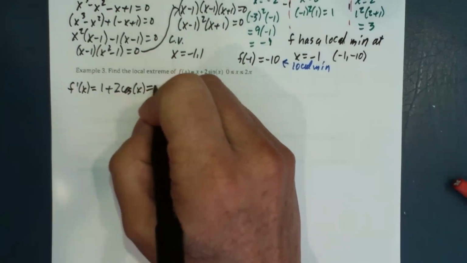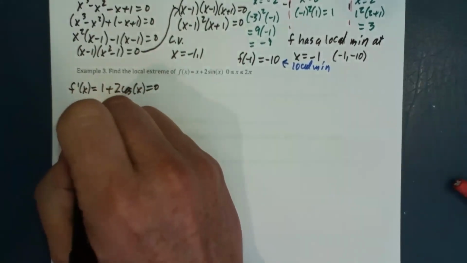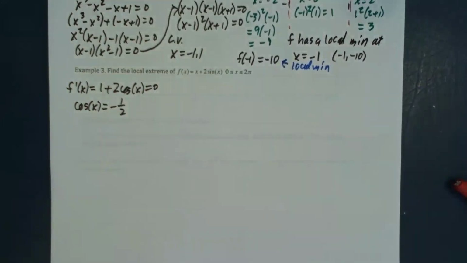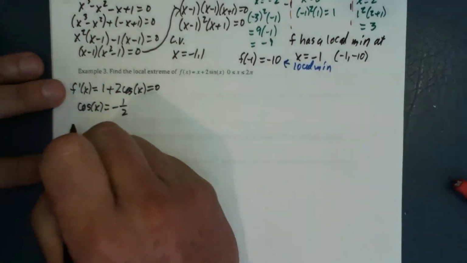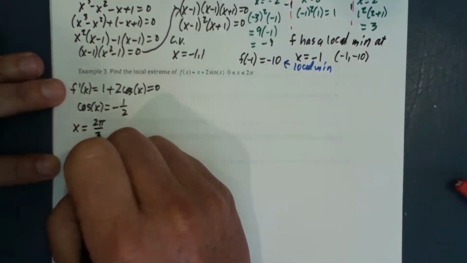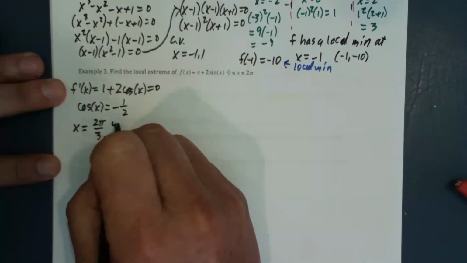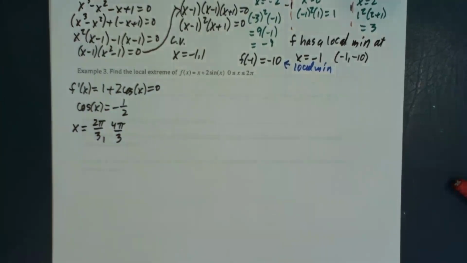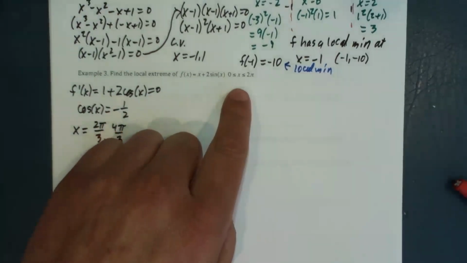So I'm going to have to set this equal to 0, which means cosine of x equals -1/2. And cosine is negative in quadrants 2 and 3. And using either the unit circle or the special right triangles, we can come to the conclusion that x is going to be 2 pi over 3 and 4 pi over 3. There's actually an infinite number of them, but they've given us a limit on our domain very nicely.